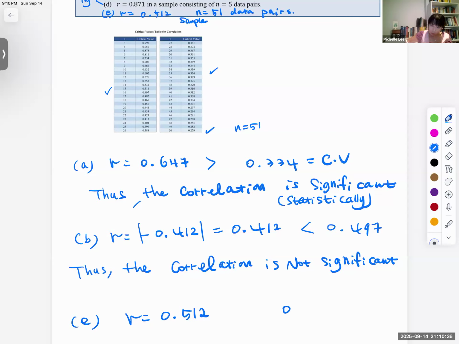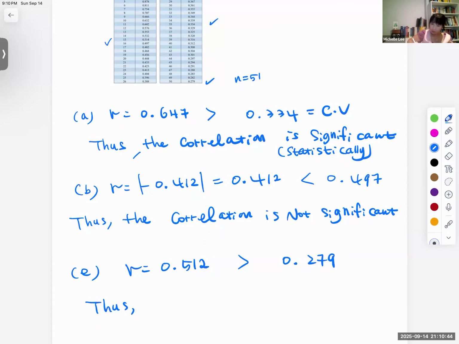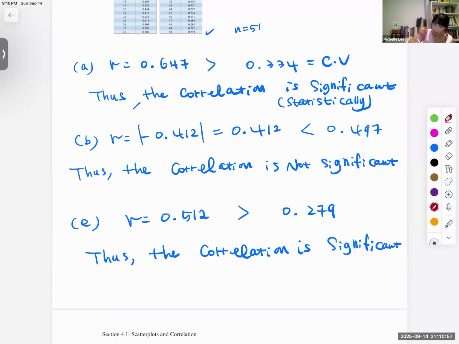So 0.279, which one is bigger? This one is bigger. So we can say that the correlation is significant, right? Okay, let me write down a note.